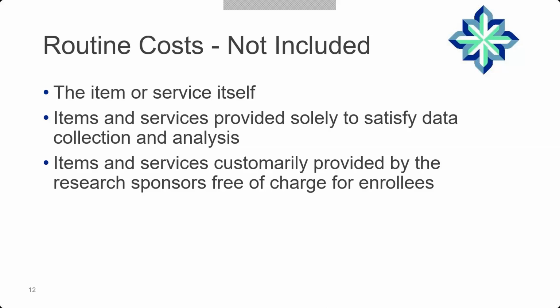For example, monthly CT scans for a condition that usually only requires a single scan. So just to keep doing them monthly over and over, those things are not part of routine costs. Items or services that are customarily provided by the research sponsor, free of charge for any enrollees in the clinical trial, are also not included.